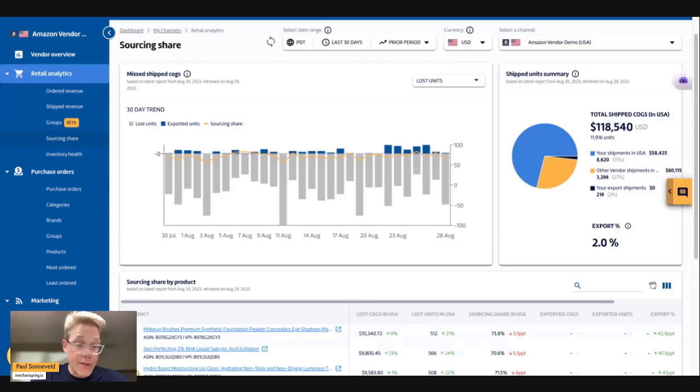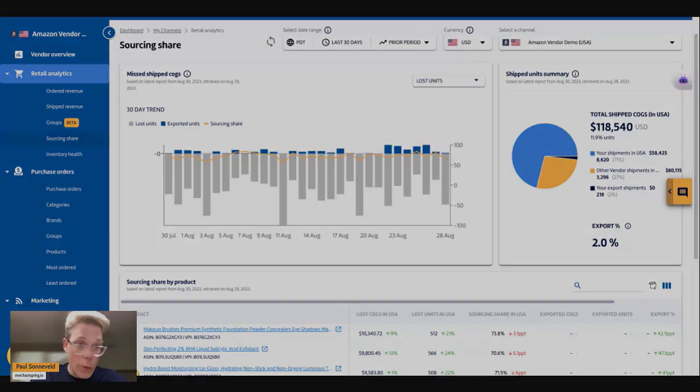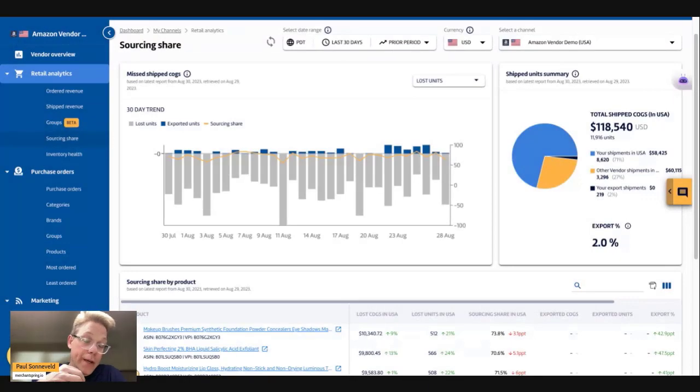It's quite an efficient program, but keep in mind that all of the principles I spoke about will be reflected here as well. So, for example, if you're shipping everything from Germany and you were then to look at your vendor account in France, you will see 100% lost units, because Amazon will be sourcing all of its inventory from Germany and nothing from your local account.